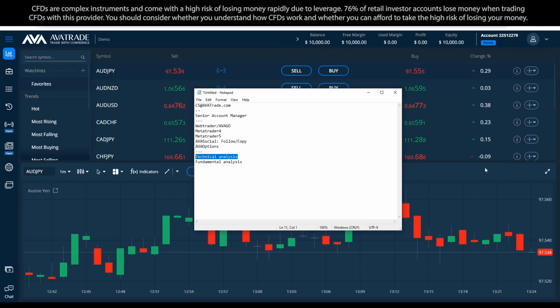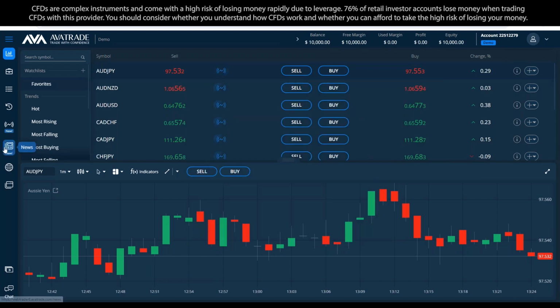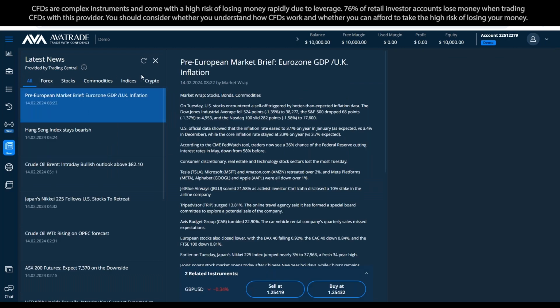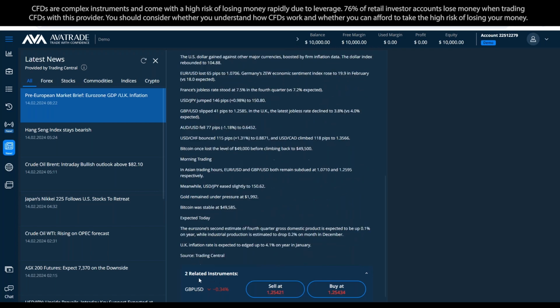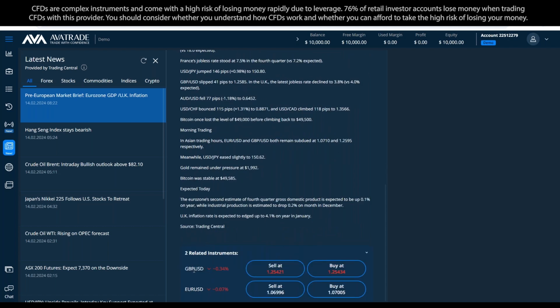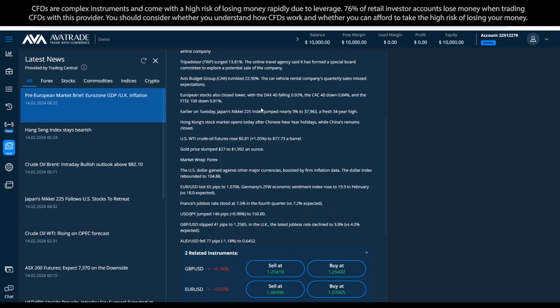We said technical analysis is from the signals. Great. We also need to know how to do fundamental analysis, and for that, we have another section called news. So I'm just going to click on the news. And I'm going to see here different categories: Forex, stocks, commodities, indices, and cryptos. Underneath, if I scroll down, I can also find what it's related to. And then if I click it, it's going to show me, okay, this is the pound versus the dollar. This is the euro versus the dollar. And I know that this article here may have an impact on one of those pairs or both.